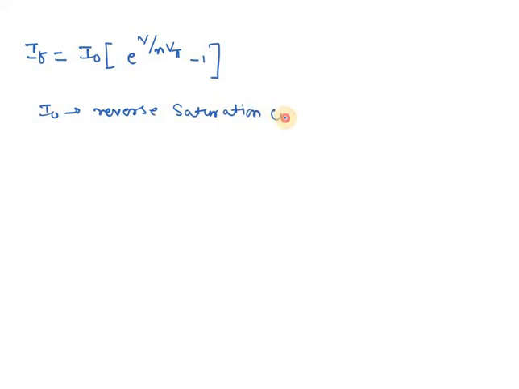What reverse saturation current is, is not that much important for your discussion, but let me tell you, in case of PN junction diode, we have minority charge carriers, and these minority charge carriers will constitute a small current, and that current is called as reverse saturation current.